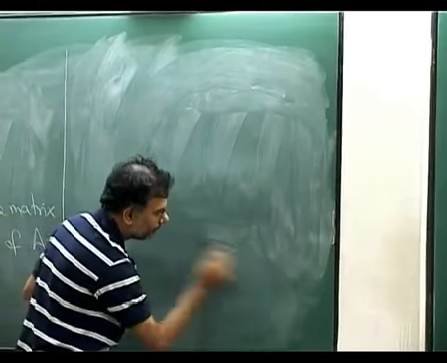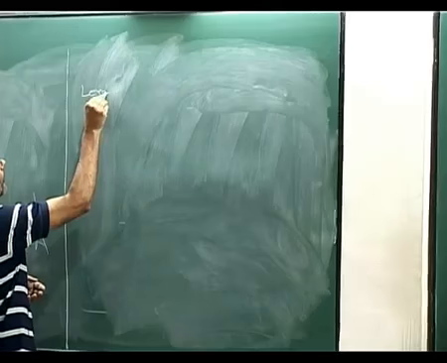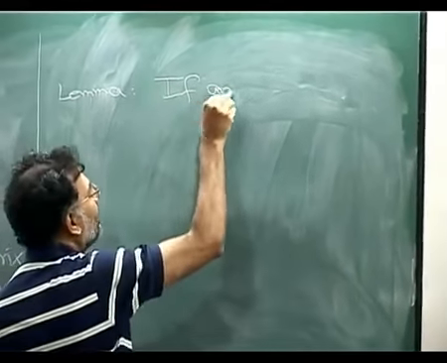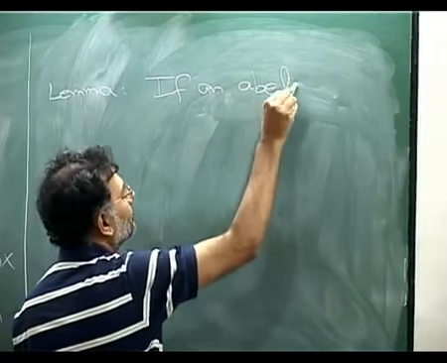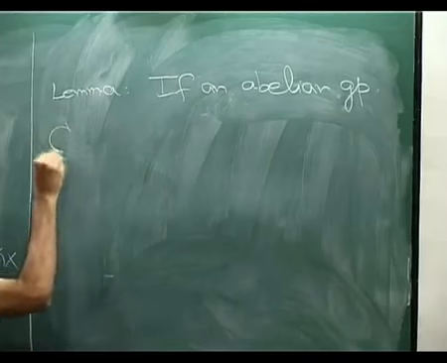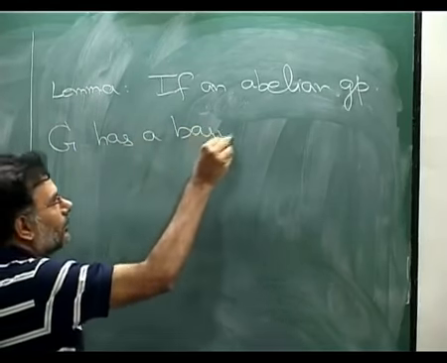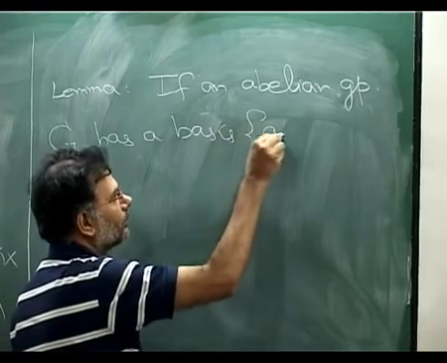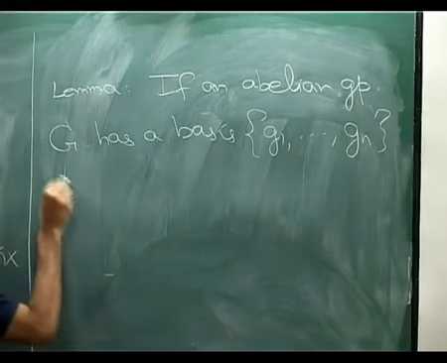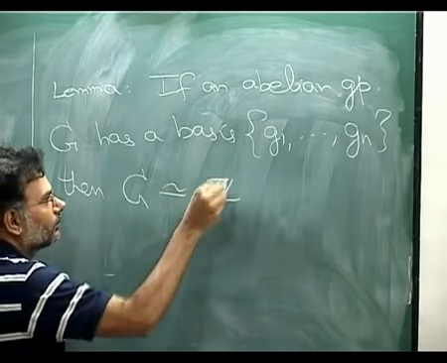So here is a lemma, very easy to prove. If an abelian group G has a basis G1 up to Gn, then G is isomorphic to Z^n.